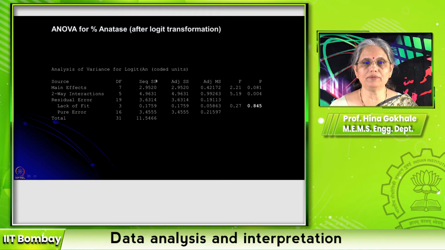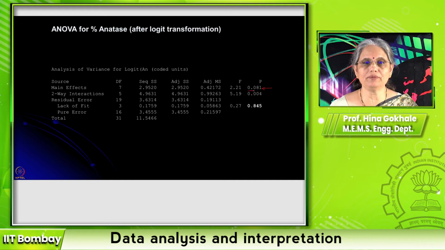This is the analysis of variance table after Logit transformation, and as you can see here also, it shows that the main effects are not important.